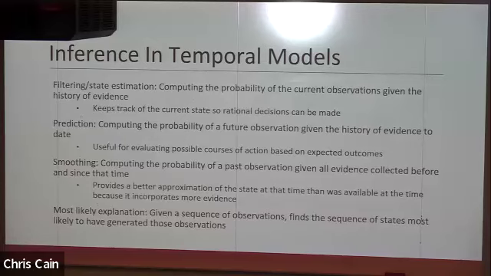So we would go between these two states: it is stormy, so it's affecting multiple days' worth of rain; it's not stormy. And we could determine, given that we saw rain 4 straight days here and 4 straight days here, there was a storm here, no storm here, storm here. And that allowed us to find the most likely path of when those storms passed over us, how many storms there were, etc. So that is the most likely explanation problem.